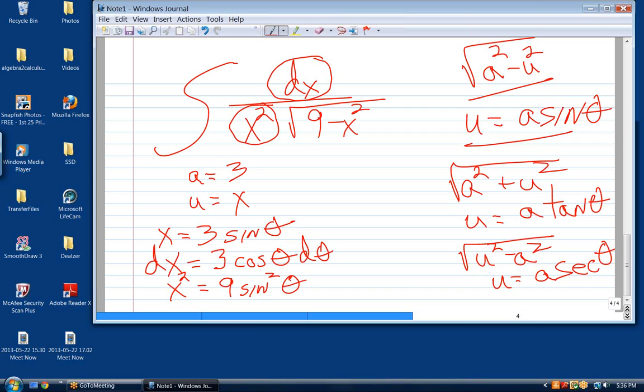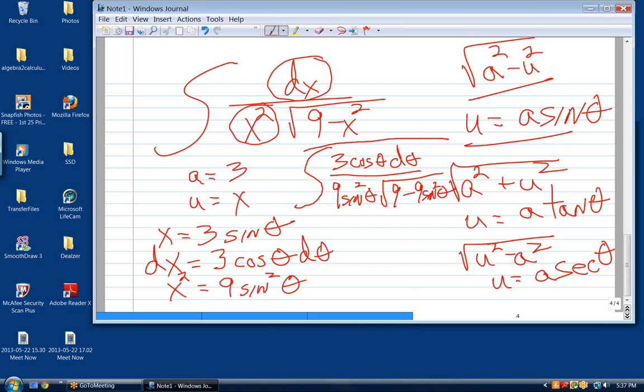Now, notice what happens. Dx is 3 cosine theta d theta, x squared is 9 sine squared theta, and inside, we've got 9 minus 9 sine squared theta.